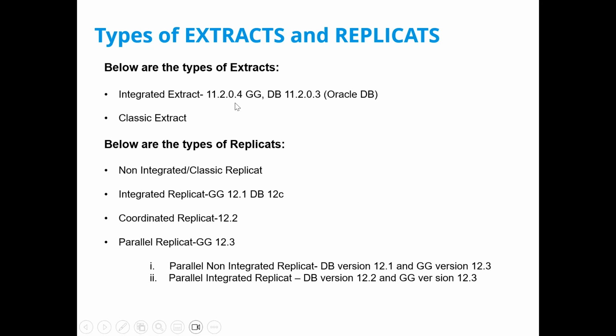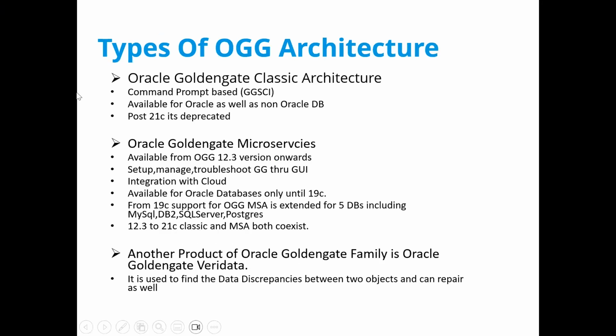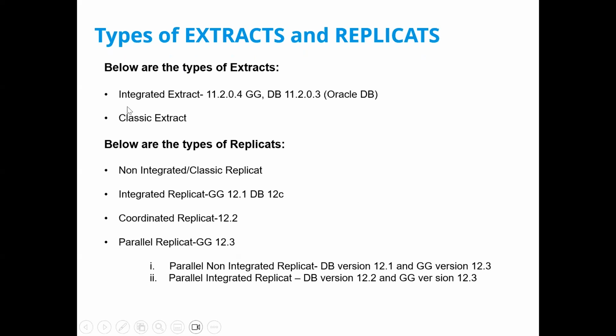Why this confusion comes is that the existing architecture was renamed to classic architecture. Classic means traditional. Same way, when there was only one extract, it was called extract, and when there was only one replicat, it was called replicat. But when integrated extract was launched, the existing extract was renamed to classic extract. Same way, when integrated replicat was launched, the existing replicat was renamed to non-integrated or classic replicat. That's why this confusion comes.